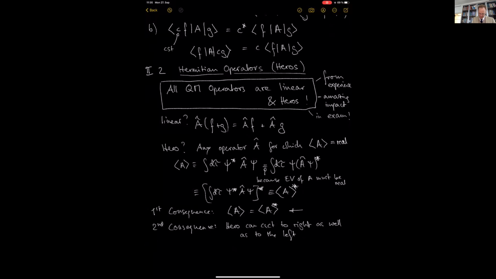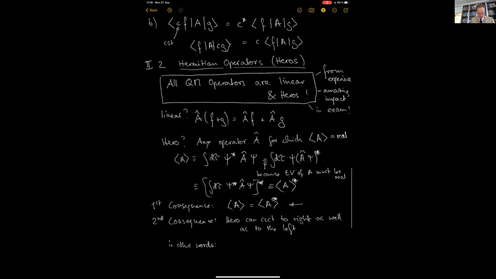So this means really this second consequence. In other words, the expectation value of some function, some complex conjugate f, with the operator and some function g, right? Not the same function, any functions.